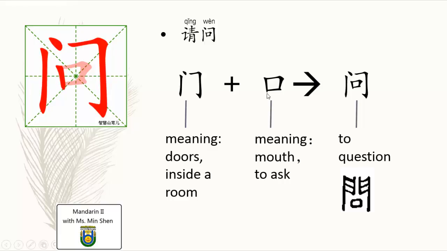And inside the 口 presents the meaning about the mouth, or saying something to ask. So if you can imagine, right, inside the doors, close the door, put somebody inside to ask, then it's to question or force to question. And put them together, 请问, please, may I ask?